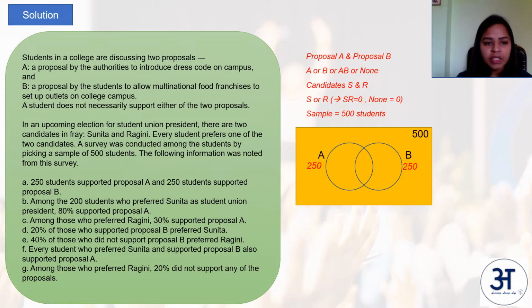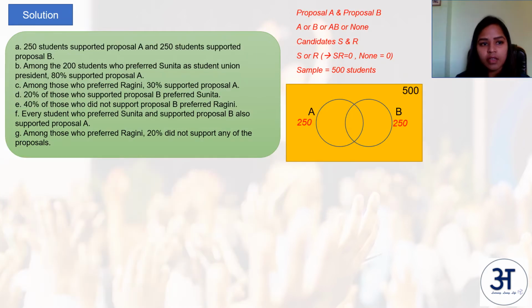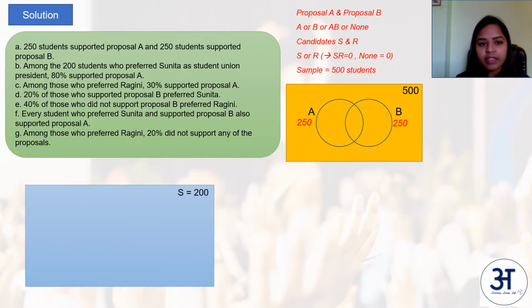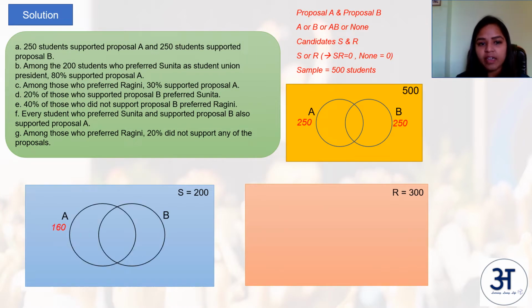Next, coming to point B, among 200 students who preferred Sunita as student union president, 80% supported proposal A. Now we know that S and R will both have A and B separately, or none, in Sunita's case as well as Ragini's case, and both are disjoint sets.